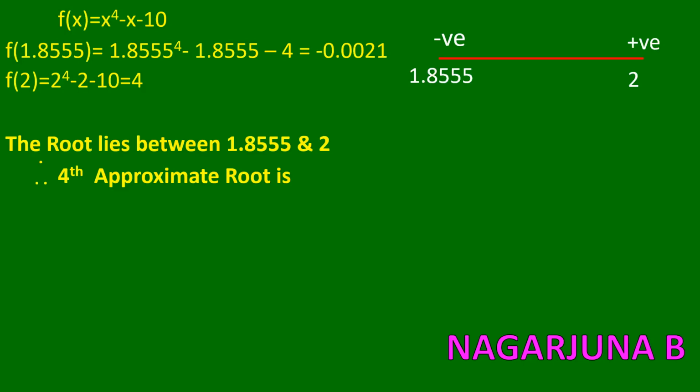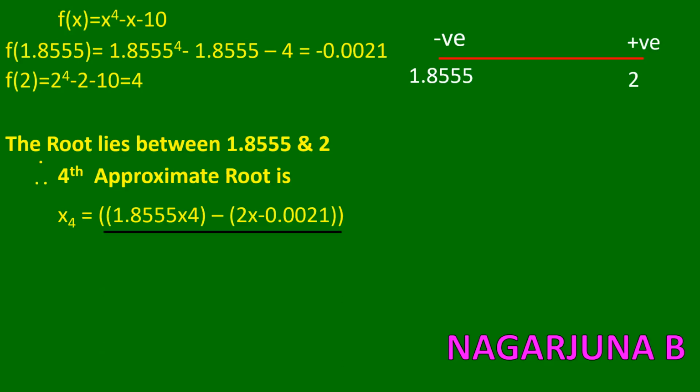Here a is 1.8555 and b is 2. So we can write x4 is equal to, open the bracket, 1.8555 into 4, close the bracket, minus 2 into minus 0.0021, close the bracket, divided by, open the bracket, 4 minus, open the bracket, minus 0.0021, close the bracket, again close the bracket.